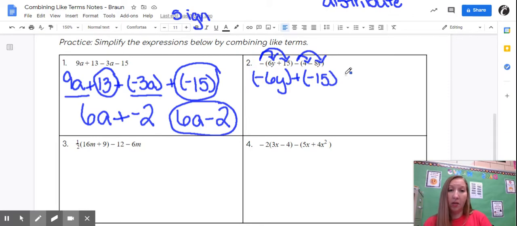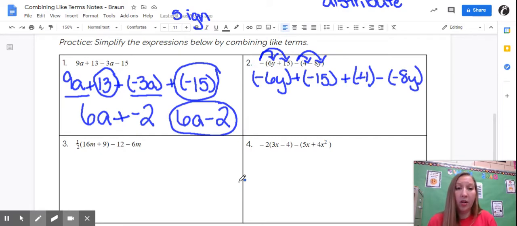Then I'm going to put my addition sign. My negative 1 times 4 is negative 4. And then I'm going to keep my subtraction sign here. And negative 1 times 8y is negative 8y.